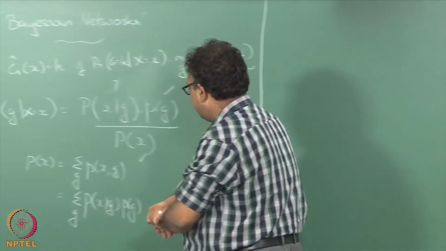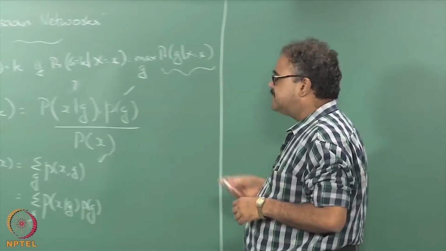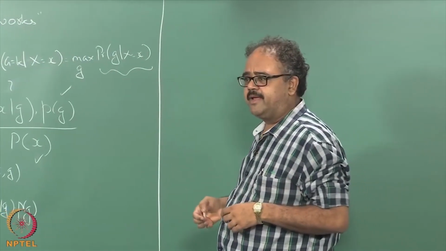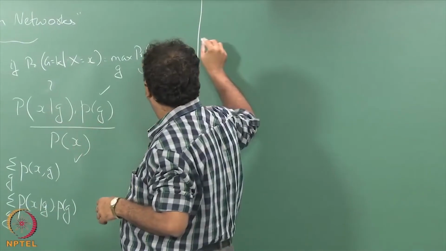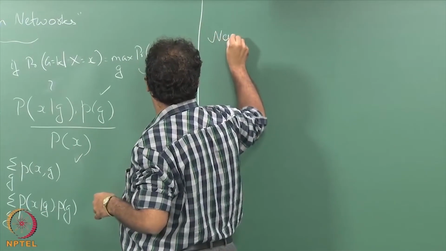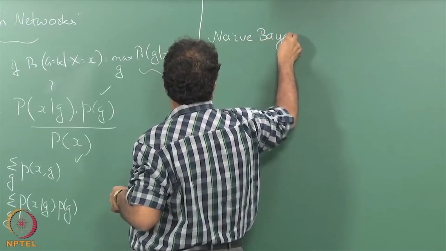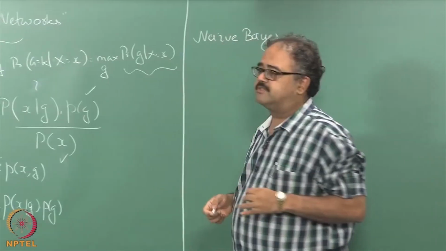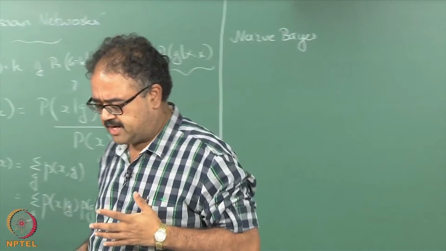Okay, good. Let us go back. So the simplest assumption that we make to get this to be tractable is called the naive Bayes assumption, right. So what does the naive Bayes assumption tell you?